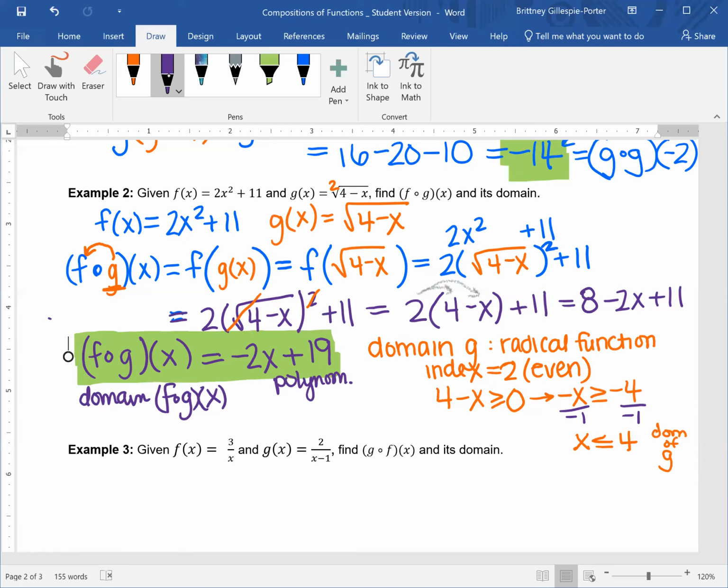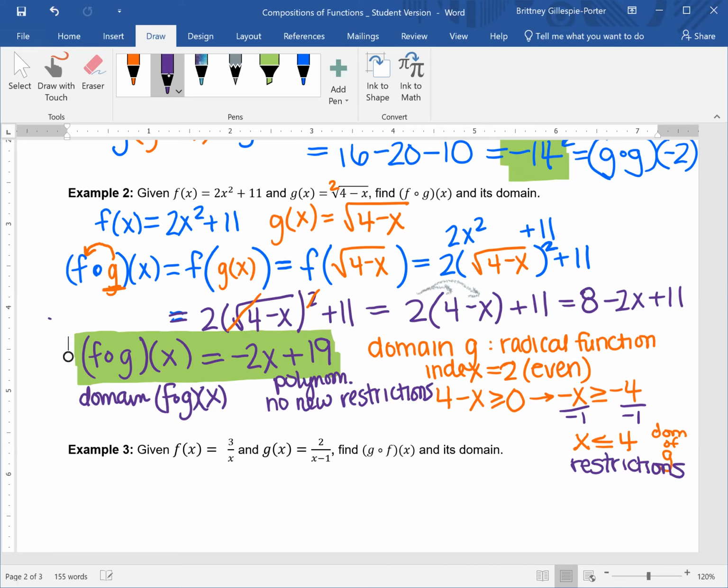And since we already have all that information accounted for, we've already found the domain of the radical. We didn't have any new radicals in our work. We didn't have any new denominators in our work. Our new guy has no new restrictions. But we still have the old restrictions. The x less than or equal to 4 is still in play.